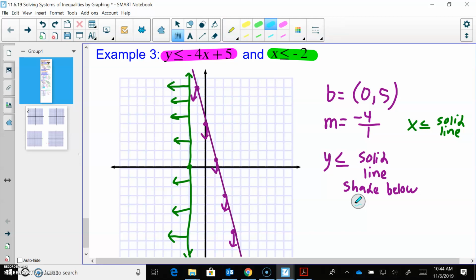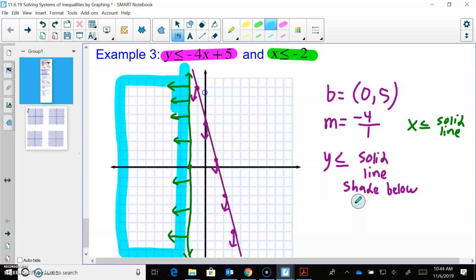Okay, so this purple inequality extends on forever in this direction. So the only time, or the shaded area, that's going to end up being the solution is going to be this area right here, because that's the only time it's going to be below the purple line and to the left of the green line.